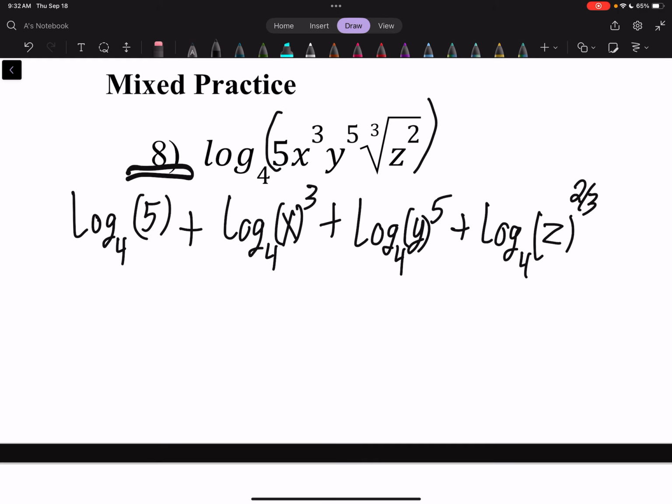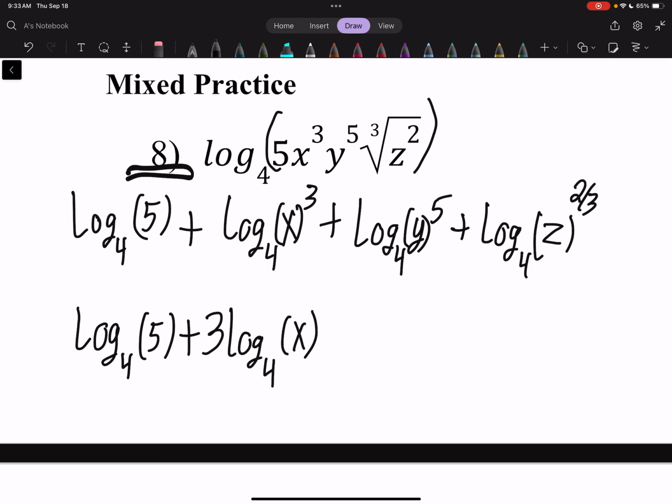All right, I'm going to use the power rule of logarithms. Log base 4 of 5 plus, okay, let me rewrite that. 3 log base 4 of x plus 5 log base 4 of y.